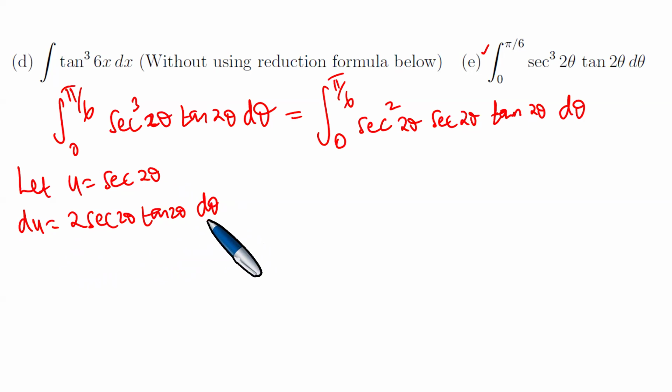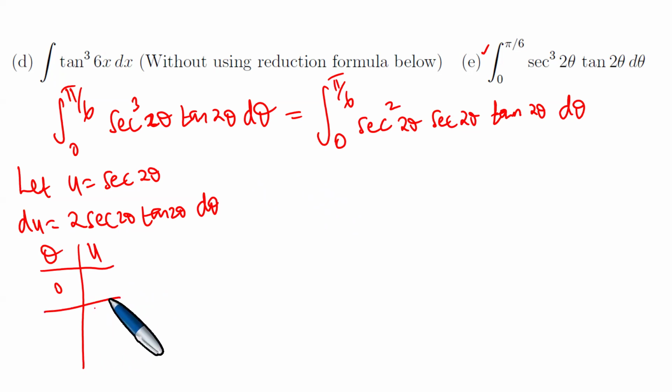Now we're going to change the limits of integration from theta to u. So u is the secant of 2 theta, and the secant of 0 is 1. For pi over 6, you get 2, which is the secant of pi over 3.